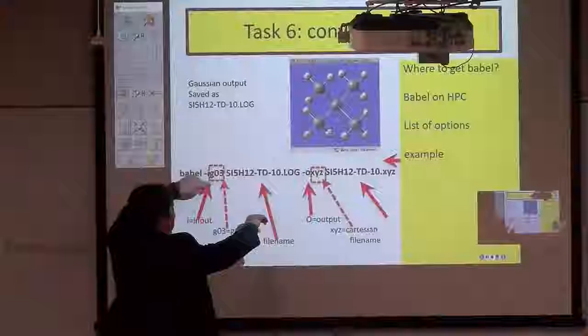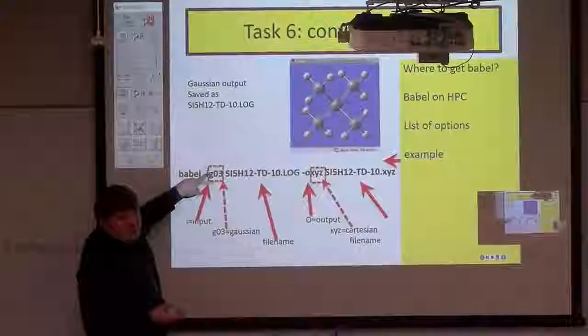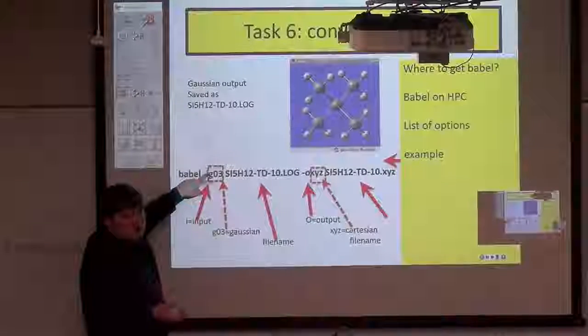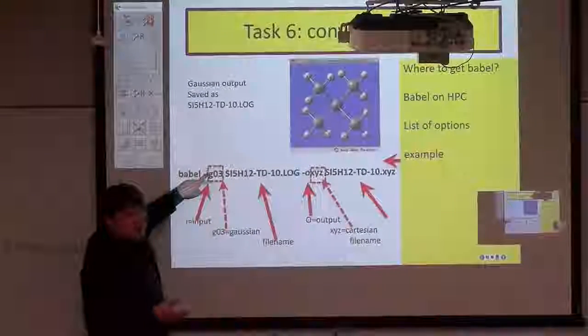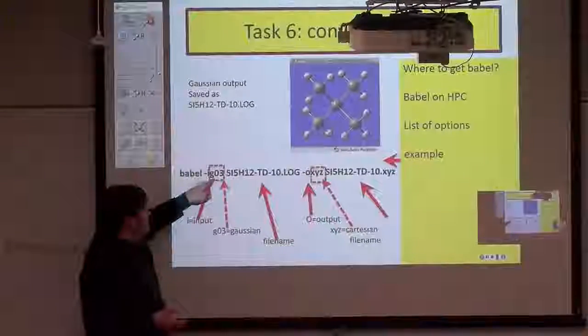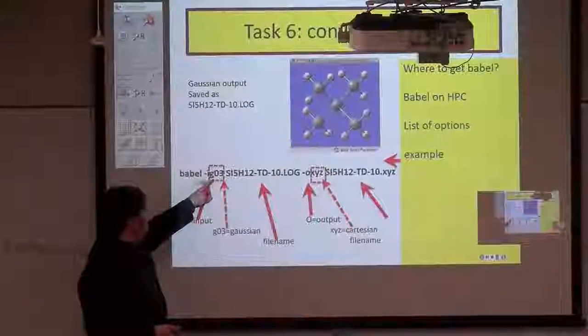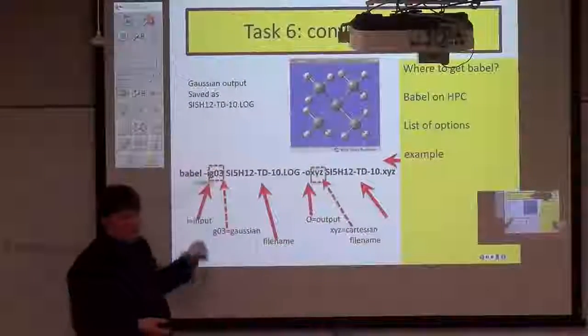The first argument is -i. It tells the program, listen, right now I'll tell you what the input format will be. So i stands for input. See, 1, 2, 3, 4, 5, 6 arguments. The next argument is the input format.